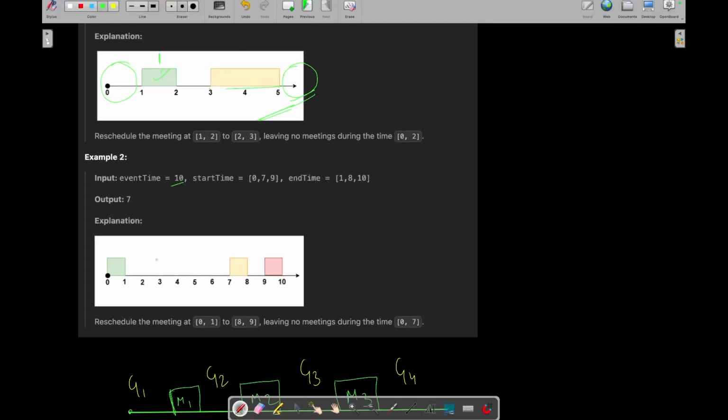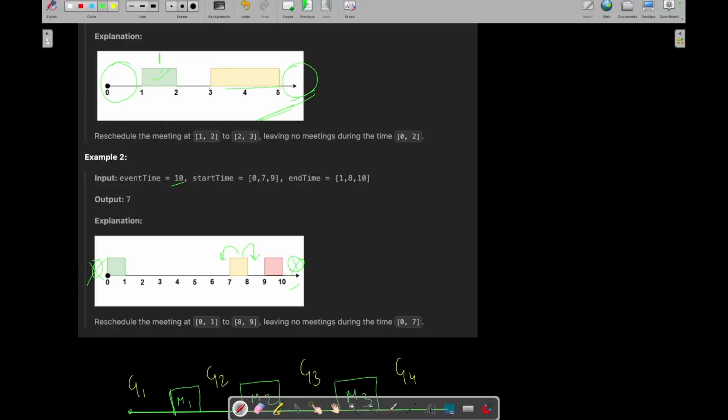In this example, you have been given an event time of 10, where one meeting starts at 0 and ends at 1, another starts at 7 and ends at 8, and another starts at 9 and ends at 10. So what are all the possible ways for this event? Either we can move this meeting to here, or this meeting to here, right? We cannot put this meeting here as there is no space, and neither here as there is also no space.